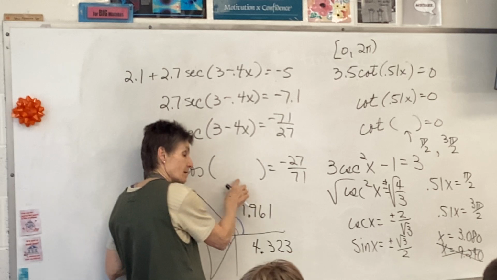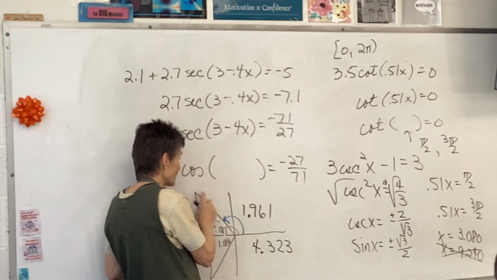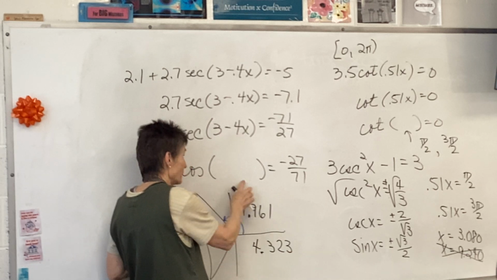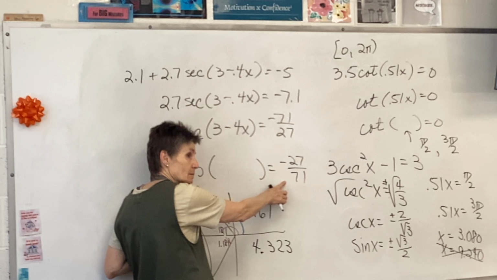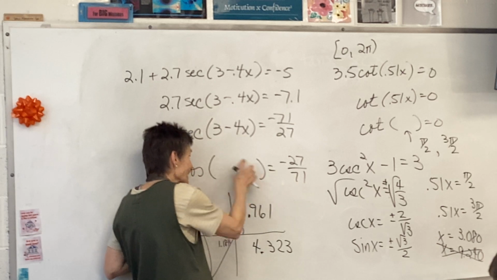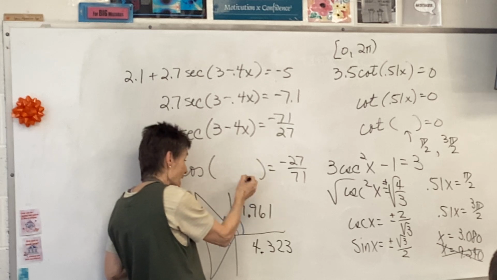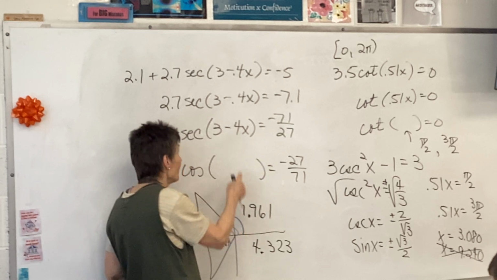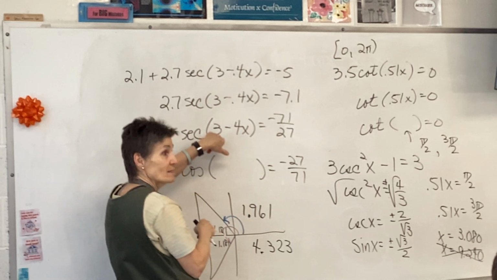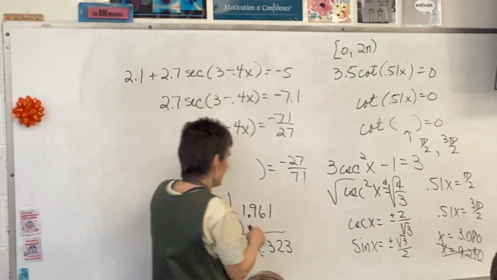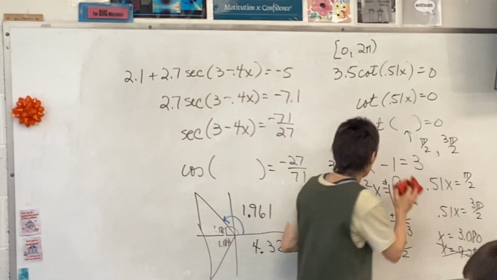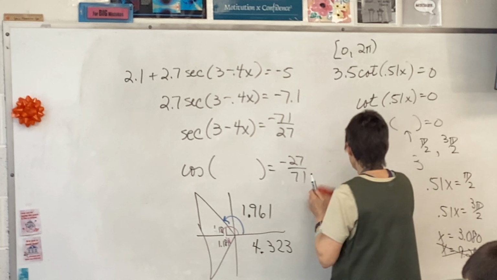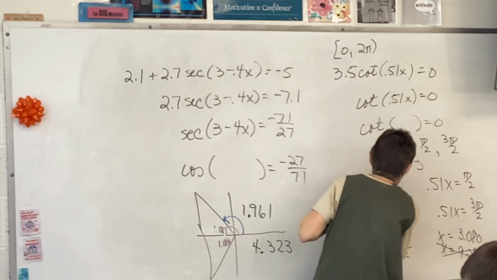That's what goes in here. If you take the cosine of 1.961, you will get that number. But that isn't called x. If that was just x, these would be your answers. That is called 3 minus 4x. So 3 minus 4x equals those two numbers.